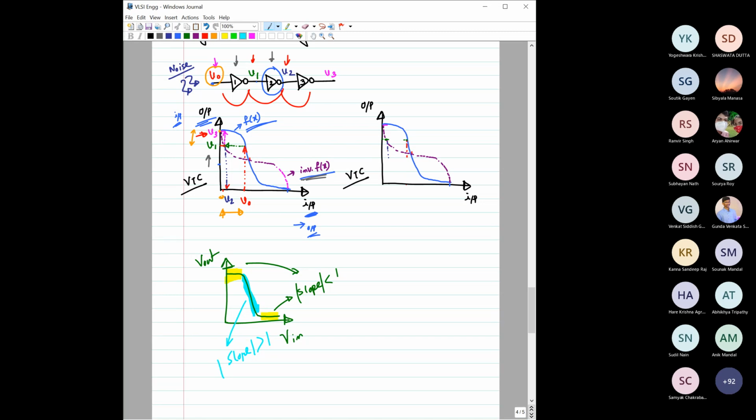Do you have any question? Yes, sir. If we increase the number of gates, the deviation would go on decreasing, right? So, sir, is it possible to achieve a deviation of zero? I mean, V2 reaches the origin and V3 reaches this point.